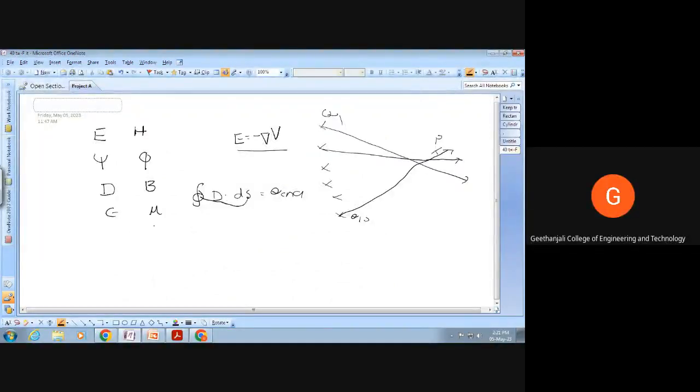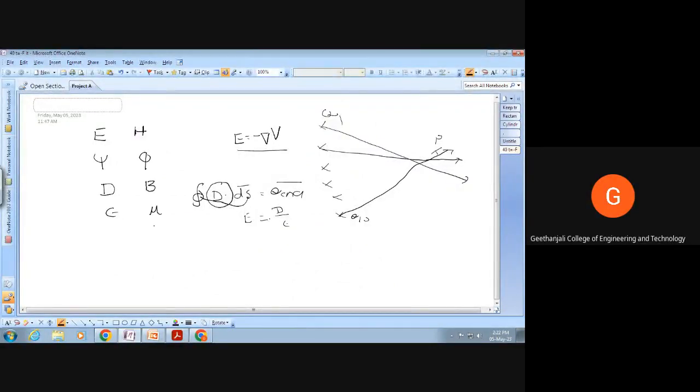Because we ourselves define that closed surface, we know the expansion of dS, and we can also find how much charge is enclosed. So the only unknown quantity here is D. Once you find D, electric field is equal to D divided by epsilon. So electric field intensity can be obtained. So Gauss law suggests another way of finding the electric field intensity.